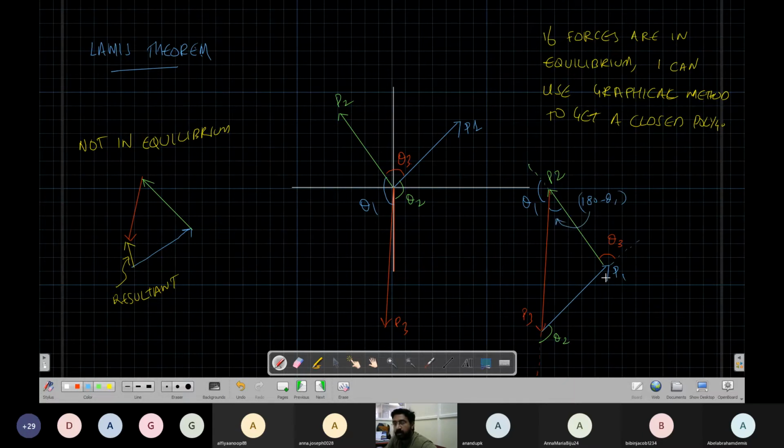This angle is again 180 minus theta 3, and this angle is 180 minus theta 2. So we have a triangle and we have three angles. Now I'll just copy this to the next slide.